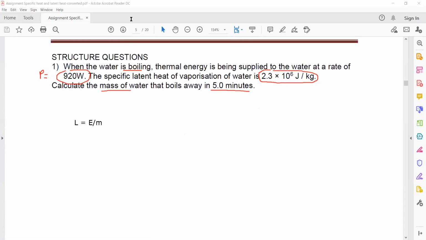We need the mass, but the problem here is we have the latent heat, we need the mass, and we don't know the energy either. So how to use this formula if two unknowns are there? First we have to find energy. How to find energy? Yesterday we discussed, when we use heaters, the energy supplied is equal to the power of the heater multiplied by time.